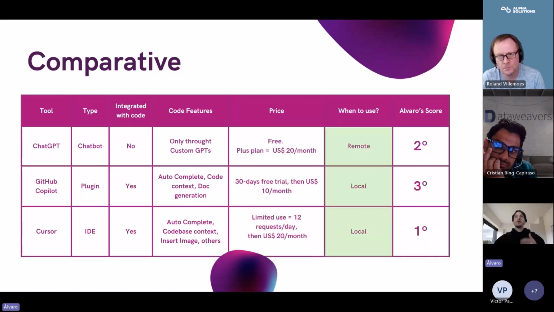What is my recommendation for using these three tools? ChatGPT, I recommend if you're working for a client on a remote server. For example, you have a virtual machine, and there are many security policies, and you cannot install software. It is a remote server.